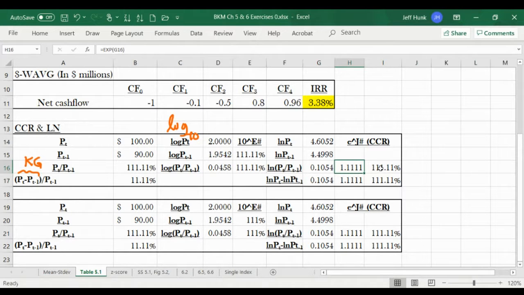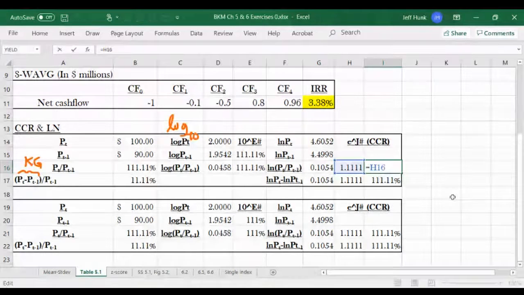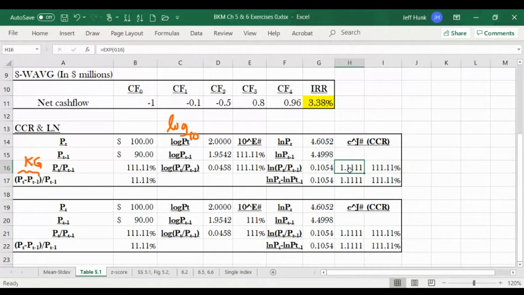Now, what about if I take the continuously compounded return, right? Actually, just percentage.